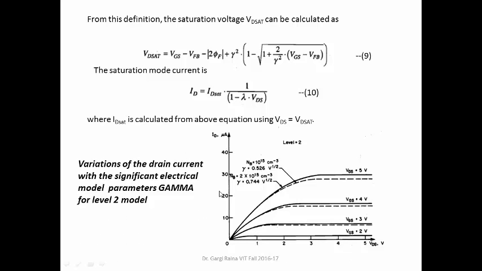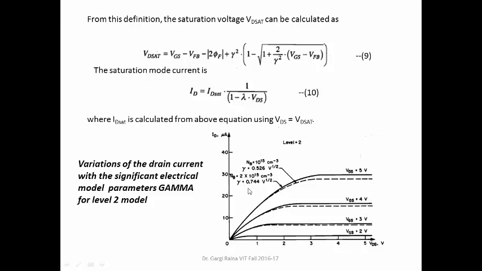Accordingly, this plot here shows for level 2 the drain current versus VDS for different VGS values by considering the variation with respect to gamma. So these are the various parameters that are given here, NB, gamma, and for the other curve NB is slightly twice of what was used here, and gamma is also accordingly modified.